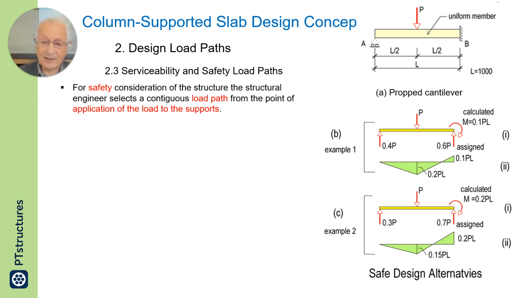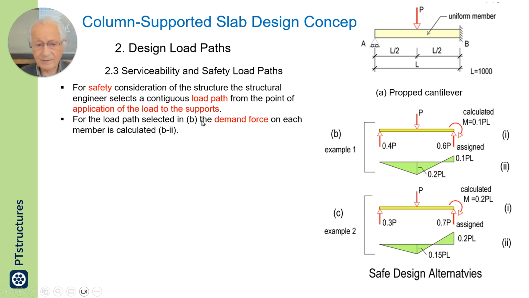But for safety, there can be many. So coming back here, for safety consideration of the structure, the structural engineer selects a contiguous load path from the point of application of the load to the supports.